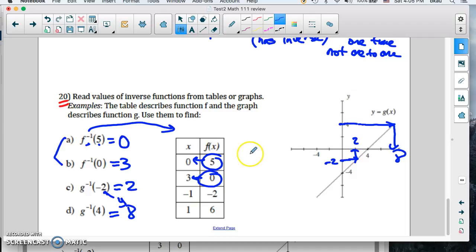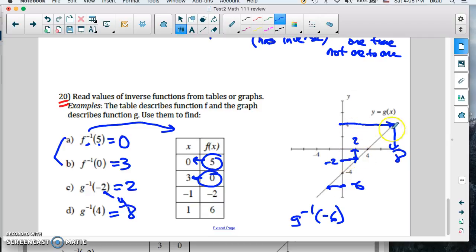So if I said g inverse of negative 6, then we'd start here at negative 6 on the x-axis. We'd read to the left till we hit the graph.